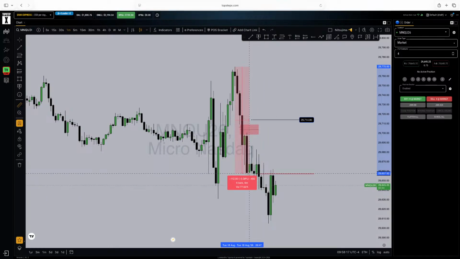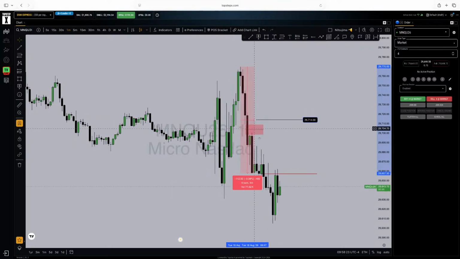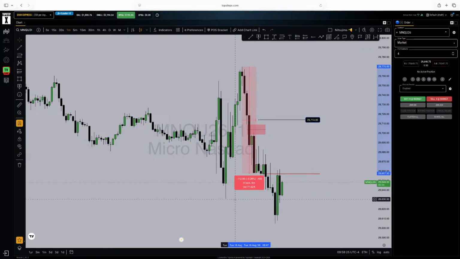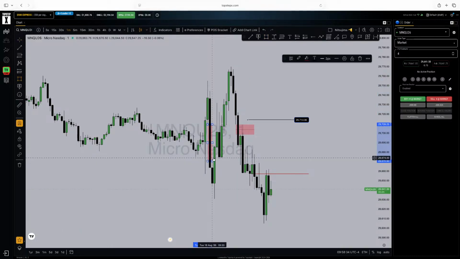If we want to come back up for 50%, we'd have to come up here. That's why my stop was way up here. But we're looking for that sell side that was recently engineered to get ran through, especially since we were now back through into the bottom half of this.